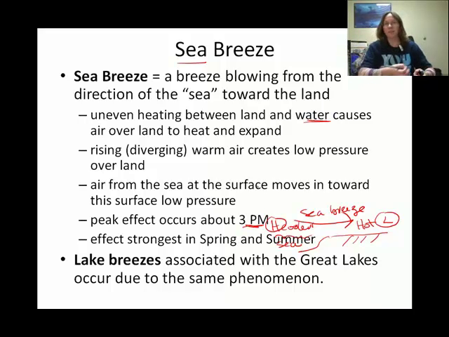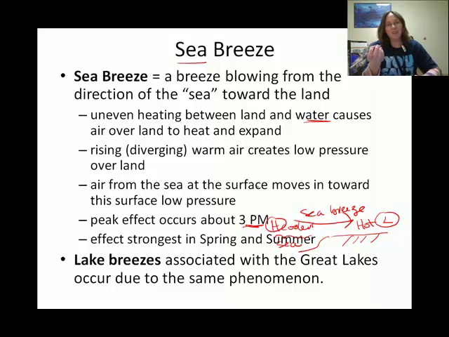With all that concrete especially, Chicago can definitely get warm versus cooler over the lake. So you end up with a low pressure on the shoreline of Chicago, and a high pressure out there over the cooler waters, and so there you go. You end up with what we call a lake breeze. Remember, if you want to know where the wind's coming from, look at the word before it. So this is coming from the lake, same thing.